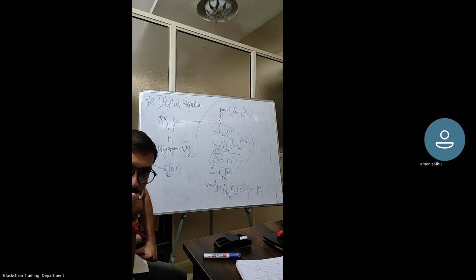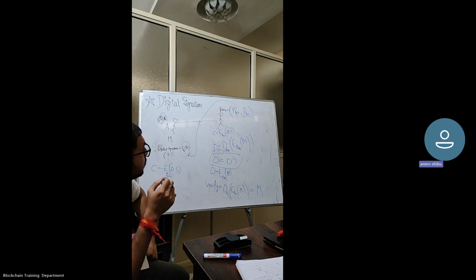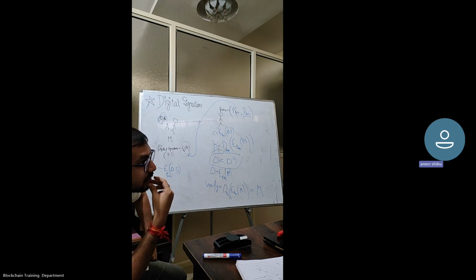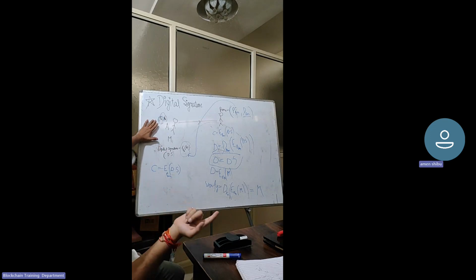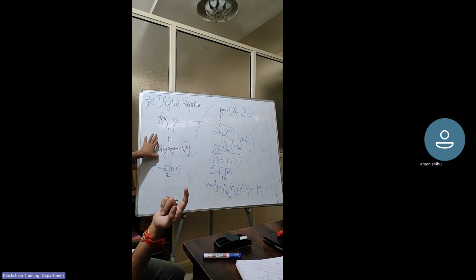First, A uses his public key to encrypt, and he uses his own private key to decrypt. That's for encryption. And using his own private key for the digital signature.